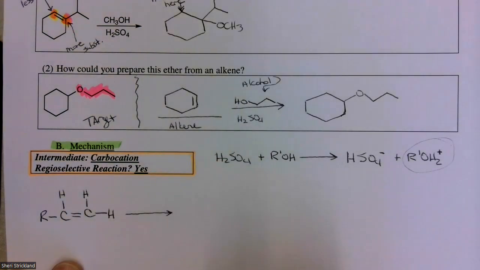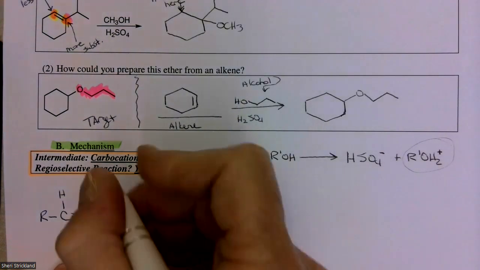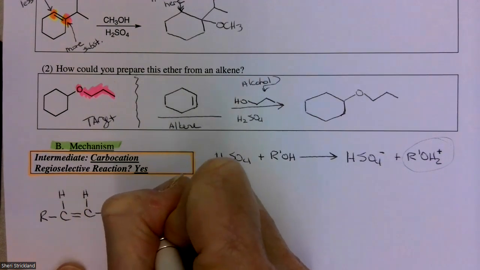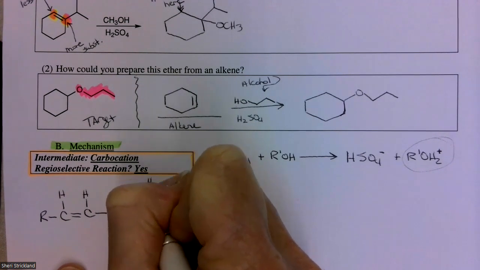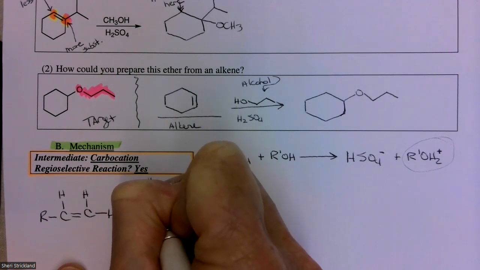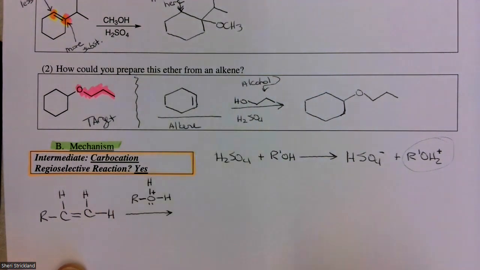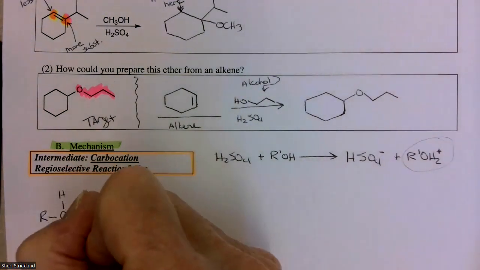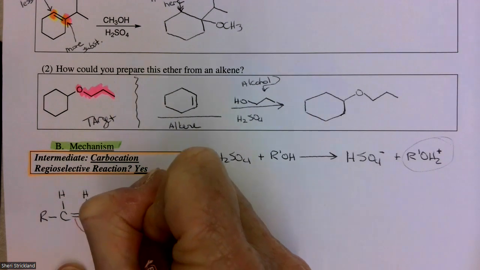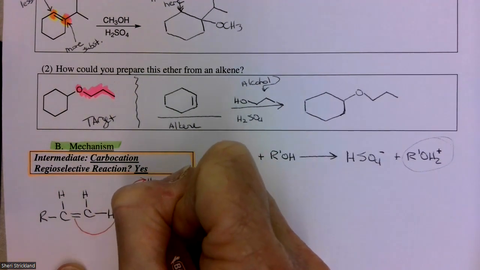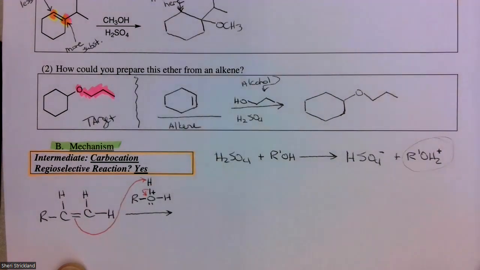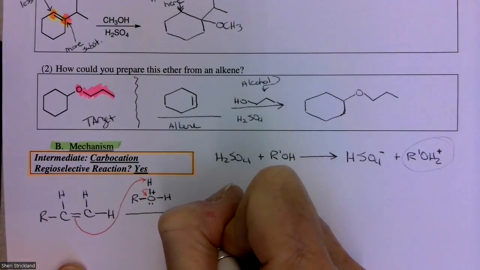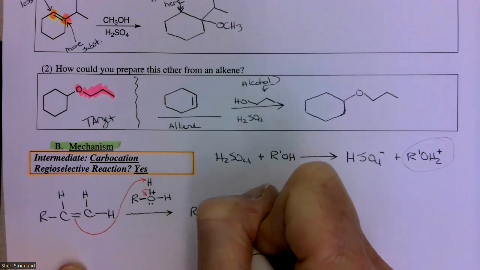So there's your thing that's going to transfer a proton in that first step. And then you want to make the more stable carbocation intermediate.